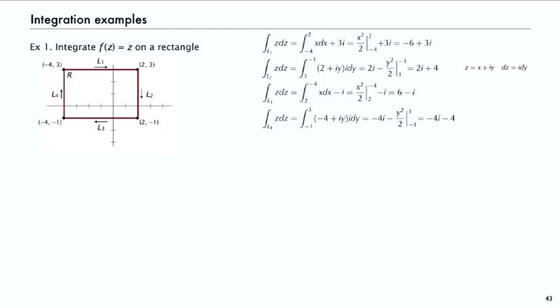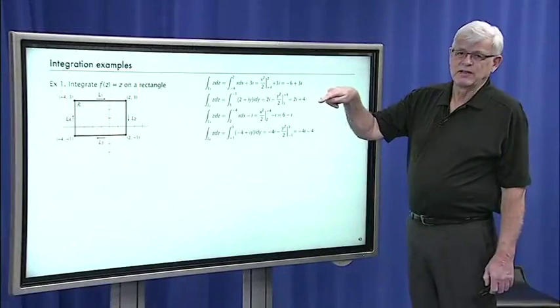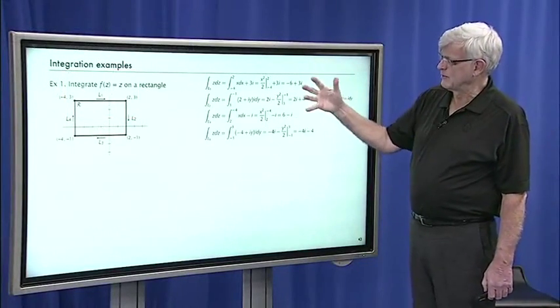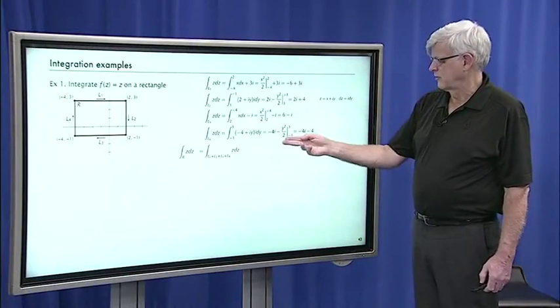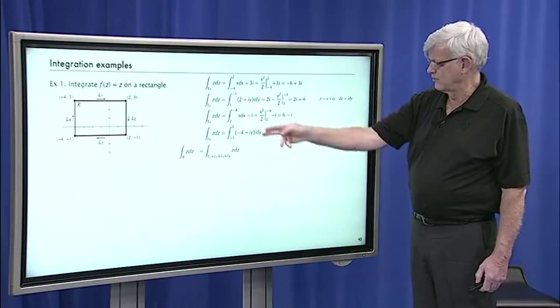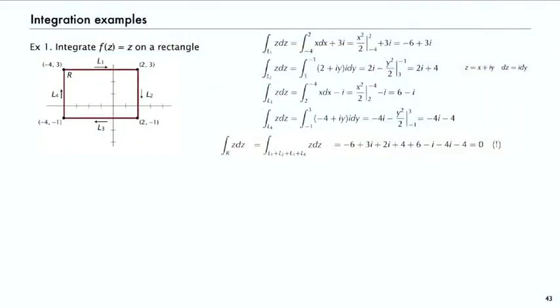It turns out to be 4i minus 4. So if we want the integral all the way around that rectangle, we just add those 4 things up together. And what's amazing is that we get 0. We had lots of different values. You can check my arithmetic, they all add up to 0.